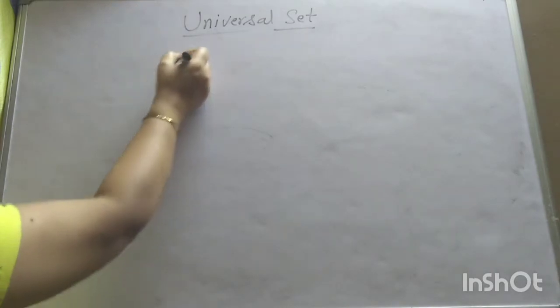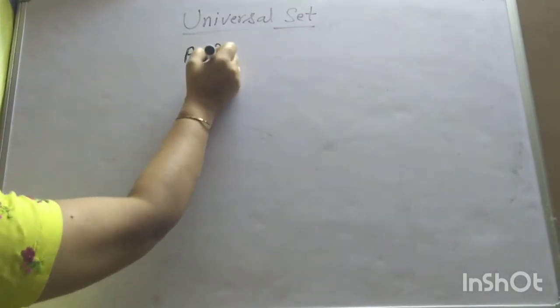Now, what is a universal set? Universal set is something similar to universe. As universe contains everything, we can say universal set also contains everything. Now, what do we mean by everything? Let's take one example.